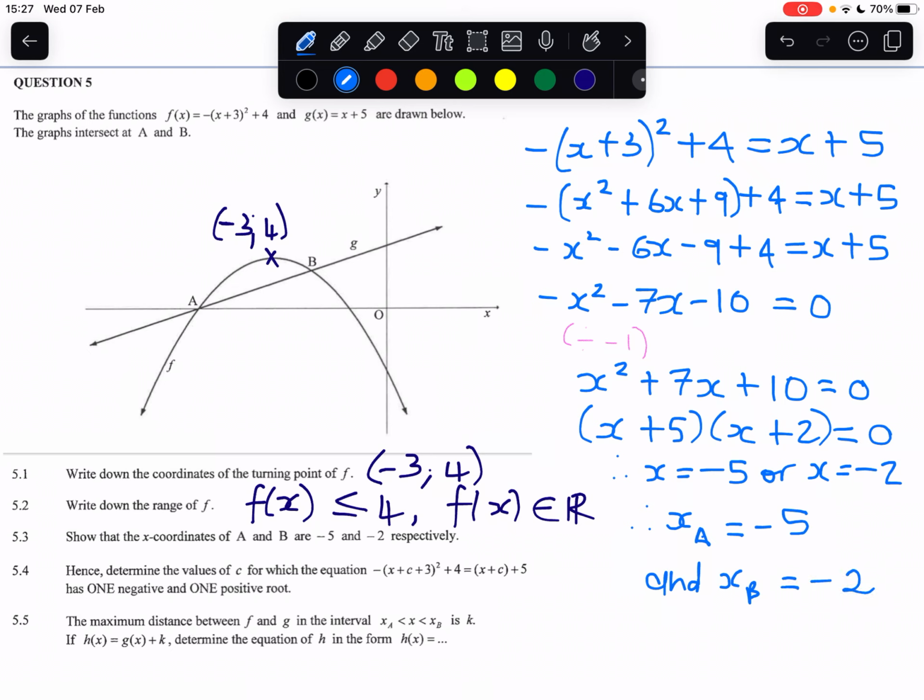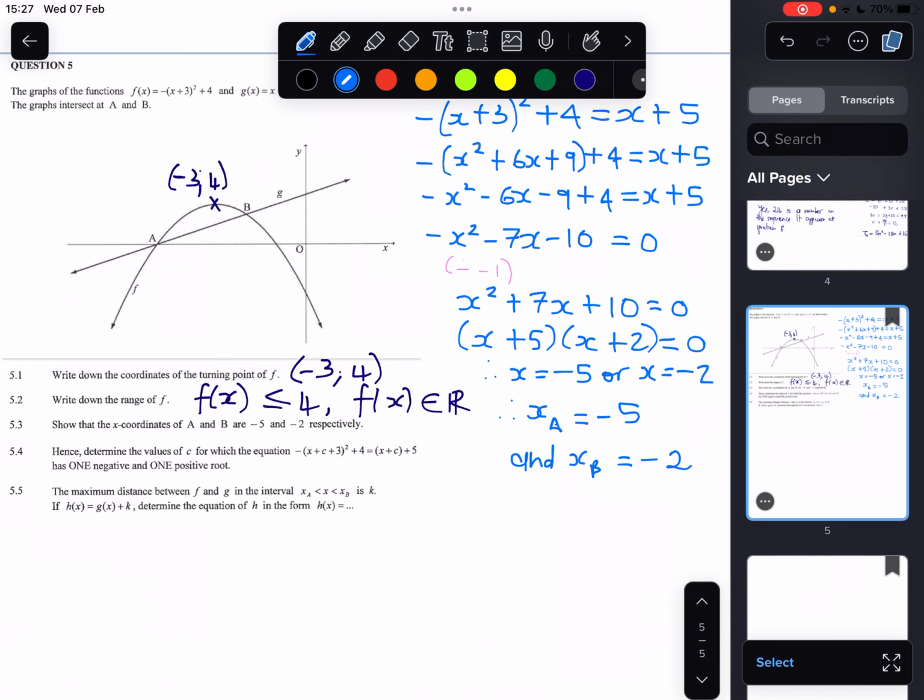Okay, right. And then the next question, I think I'm going to go to the next page for that one. So let's just quickly duplicate the page.